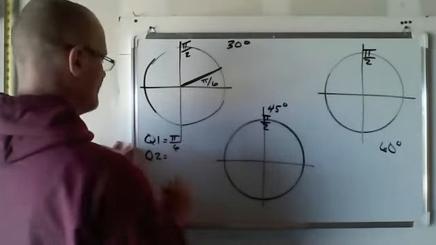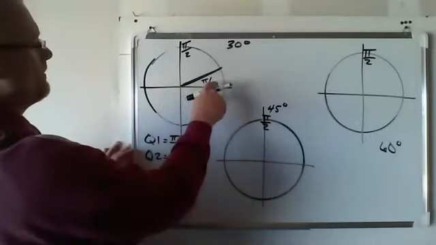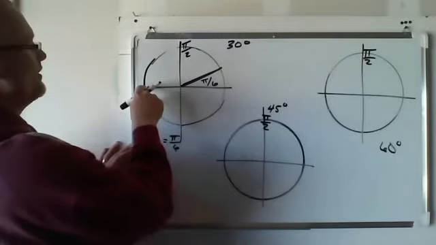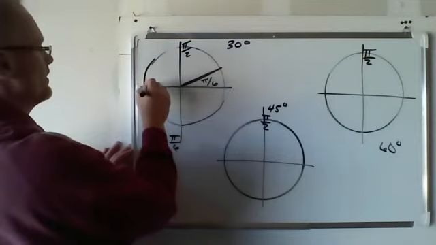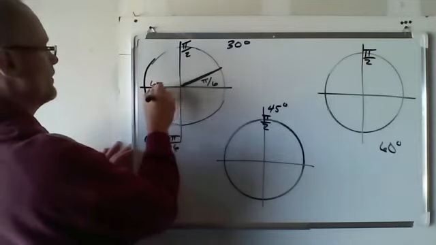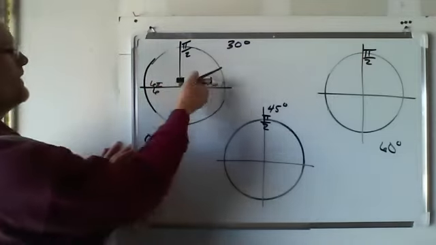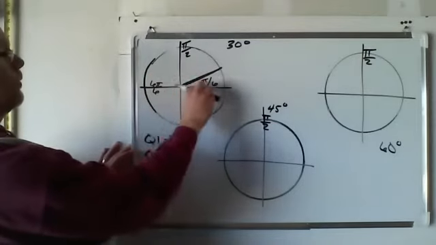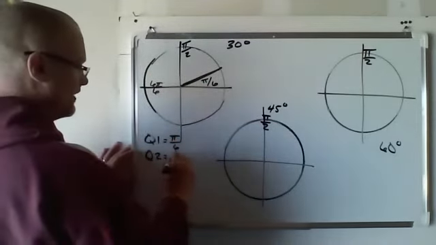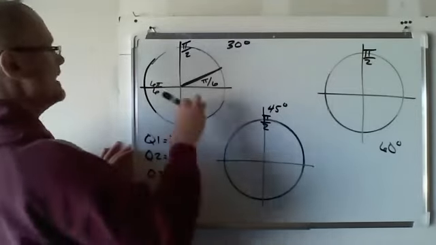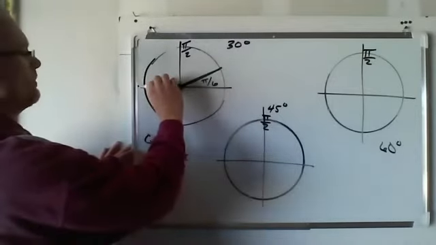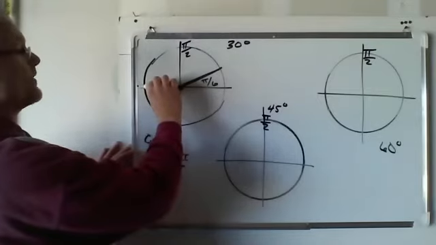Quadrant 2, the family member, let's see, that means the pi over 6 family calls this spot 6 pi over 6. Okay, it doesn't call it pi, it calls it 6 pi over 6. So in quadrant 2, if I spin to 6 pi over 6 and back 1 pi over 6, that gets us to 5 pi over 6. If I go to quadrant 3, that means I got all the way to 6 pi over 6 and I went another 1 pi over 6, or another 1/6 of pi.